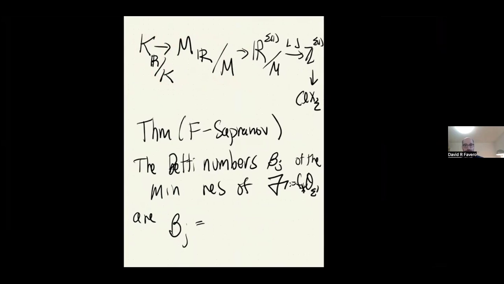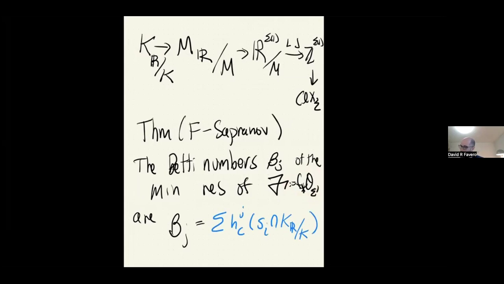But the statement is that the Betti numbers of the minimal resolution of this sheaf, which you can think of as a toric subvariety, are given by the sum of the compactly supported homology of the strata. So I've stratified this. These are just the new strata, which I'm just expanding out here.